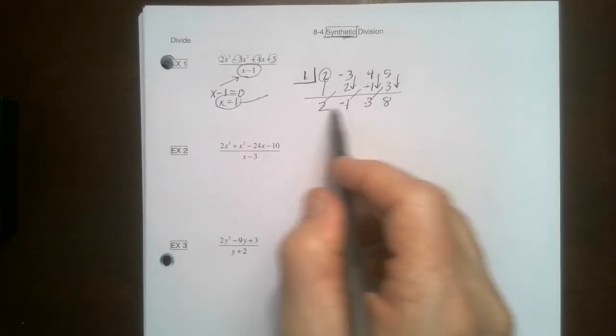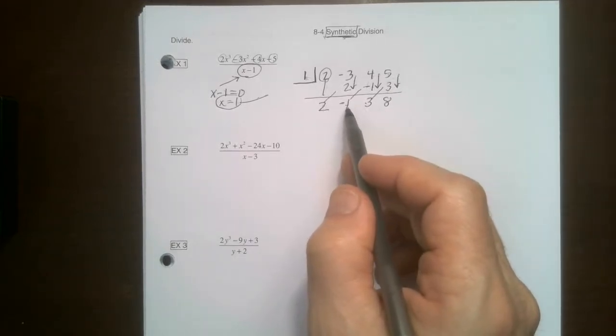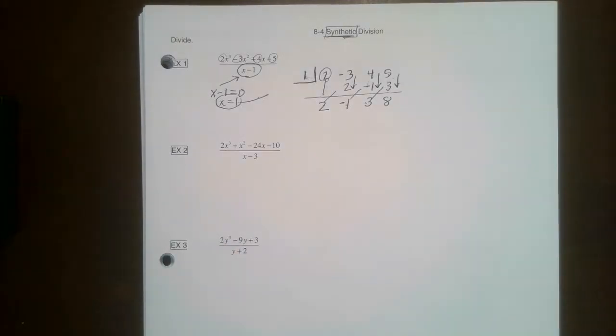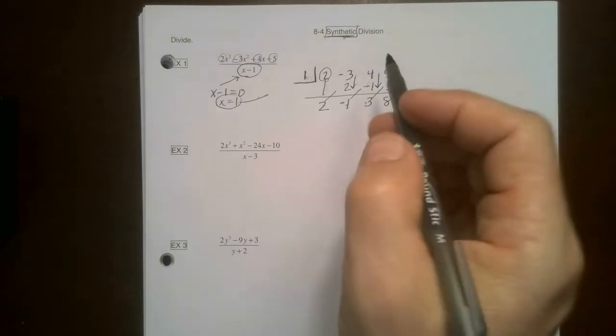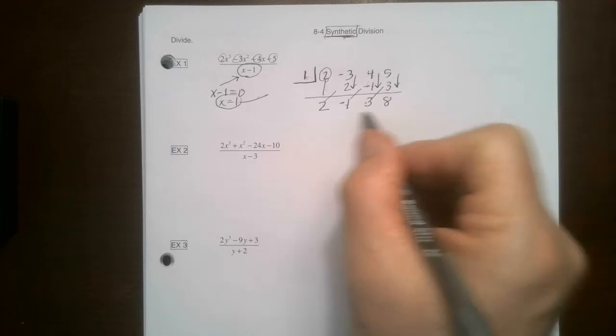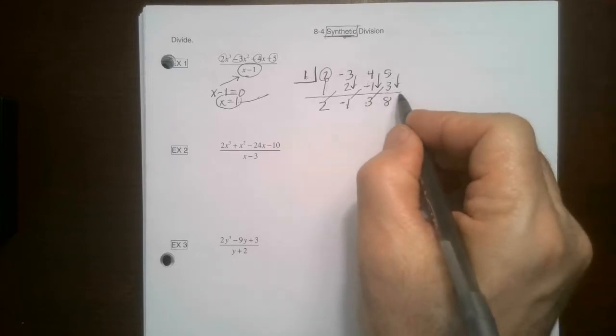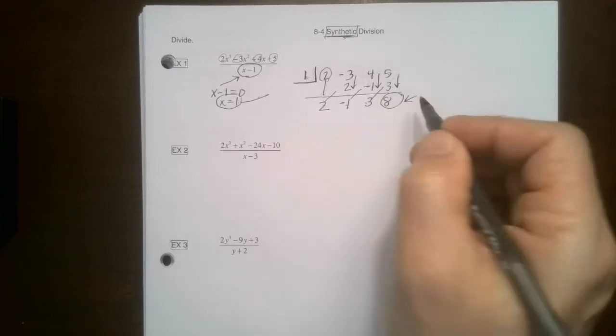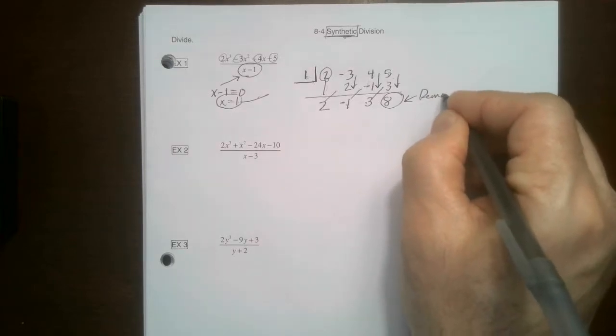Now, what the heck is this? Well, hold on a second. Thought I had to sneeze. Sorry about that, you guys. So this is actually your answer hidden. So when you're doing synthetic division, this number that pops out at the end is your remainder.